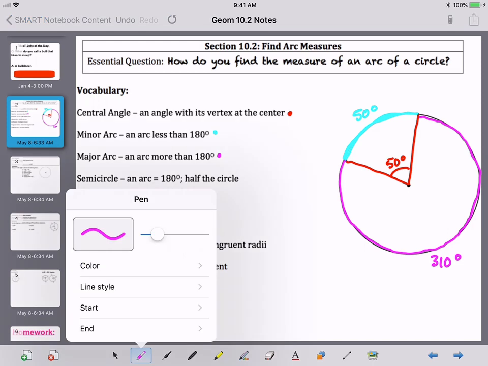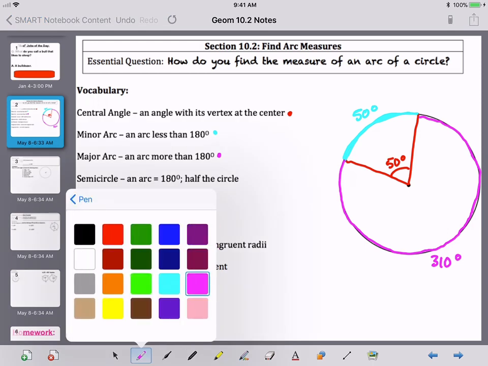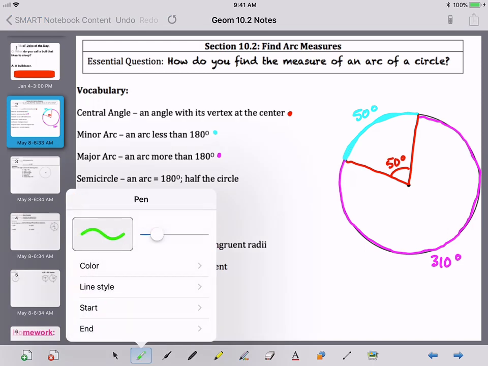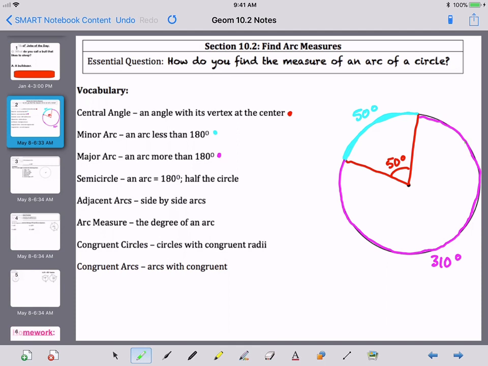A semicircle is, as you can probably guess from the name, half of a circle. So that would be a 180 degree arc. This right here we would call a semicircle, and it always has a measure of 180 degrees. Adjacent arcs are arcs that are side by side.